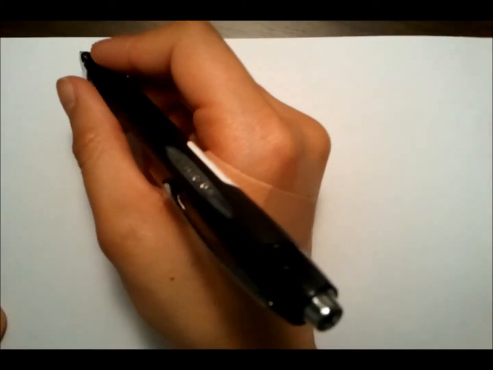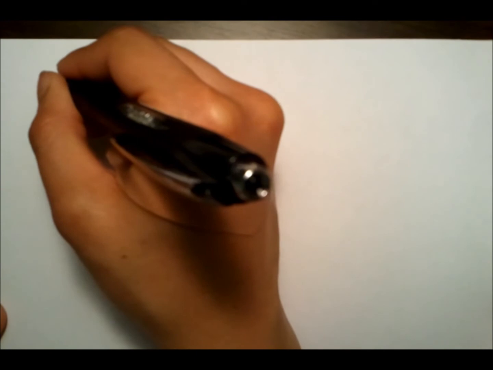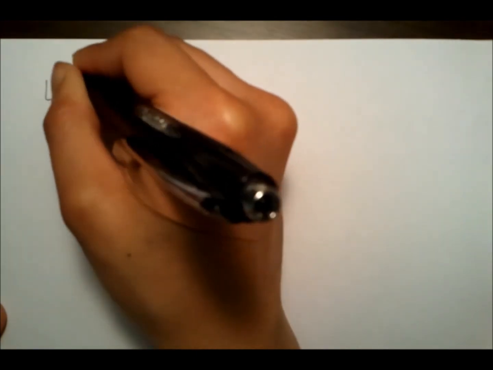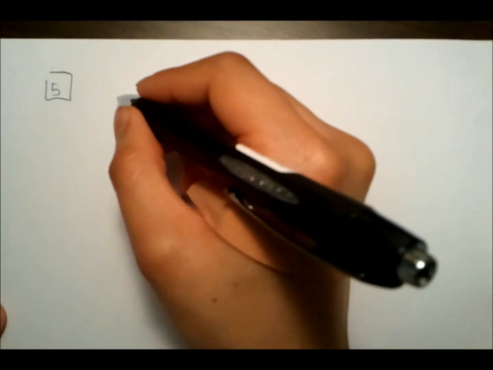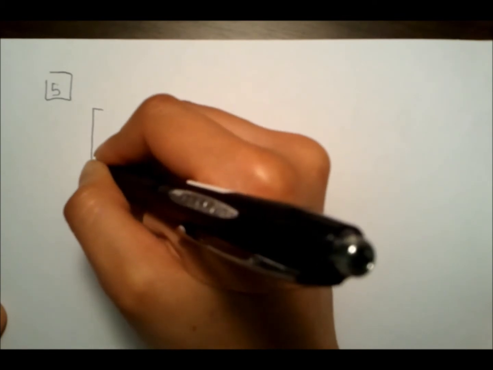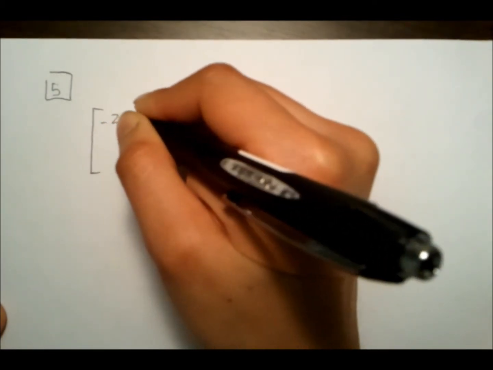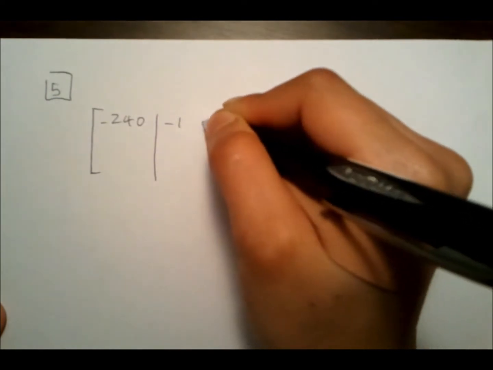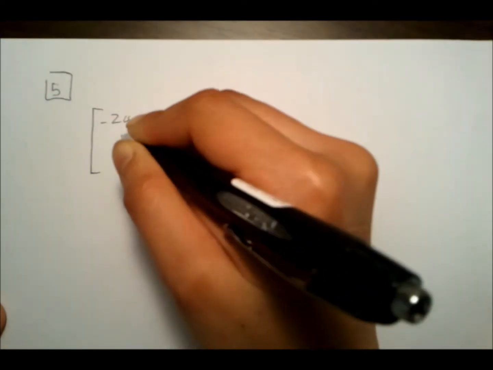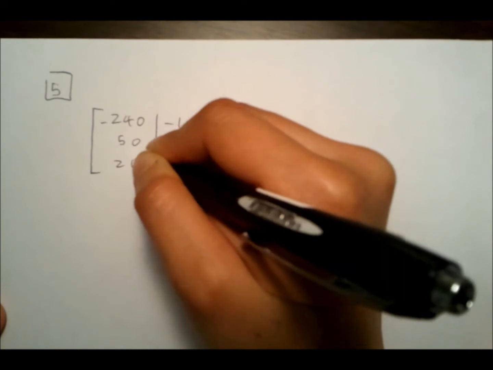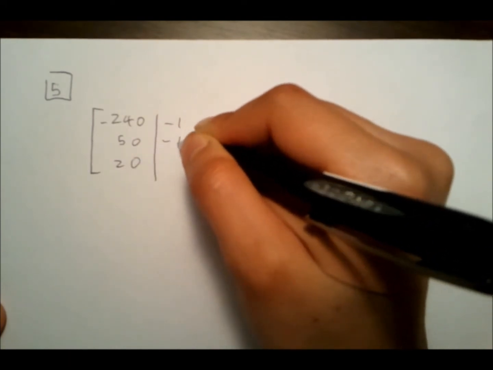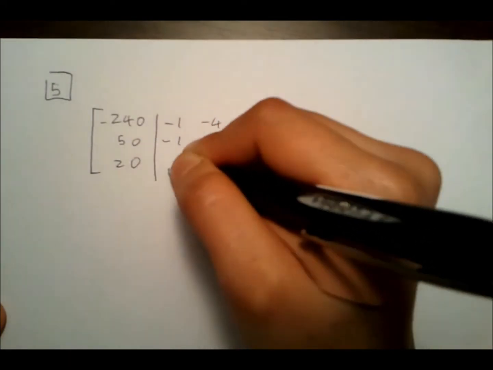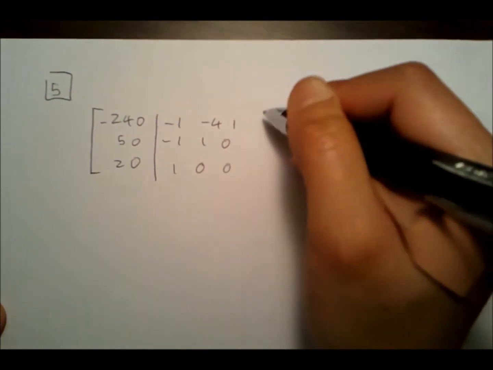So we're going to rewrite this as a new matrix again, so that way we don't get confused about what we've already done, and so we can actually see what row 2 might give us. So negative 240, negative 1, negative 4, 1, and then 50, 20, negative 1, 1, 0, 1, 0, 0.